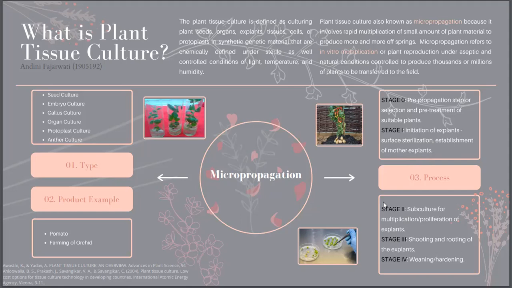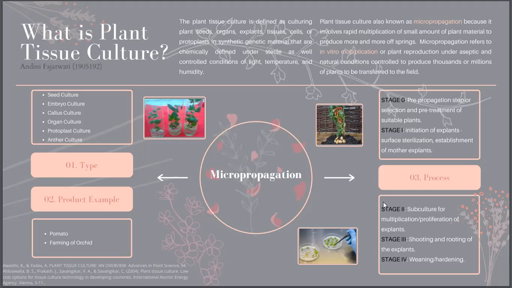And then the next stage is subculture for multiplication or proliferation of explant. Here the explant will be moved into the medium to grow roots or other parts of the plant.